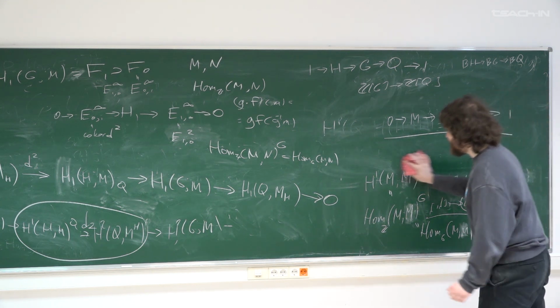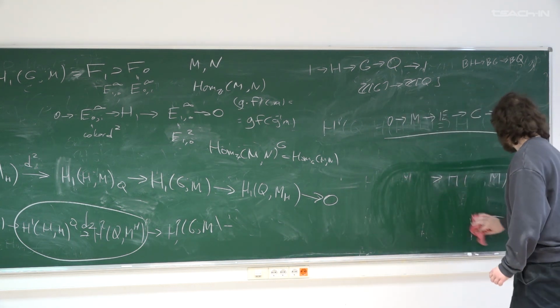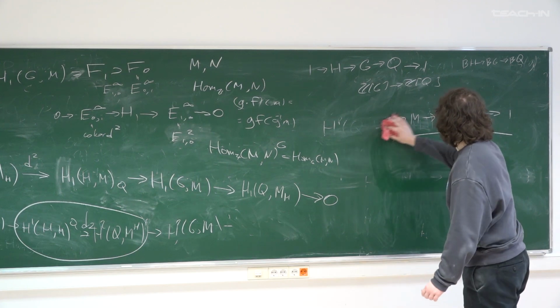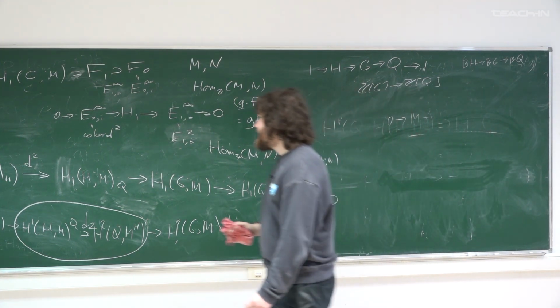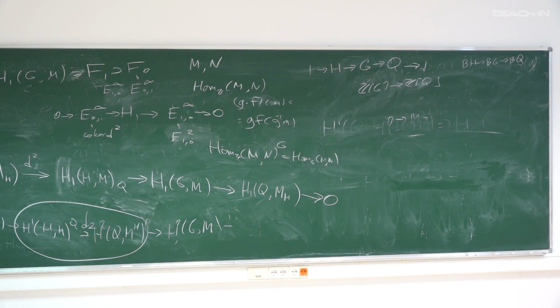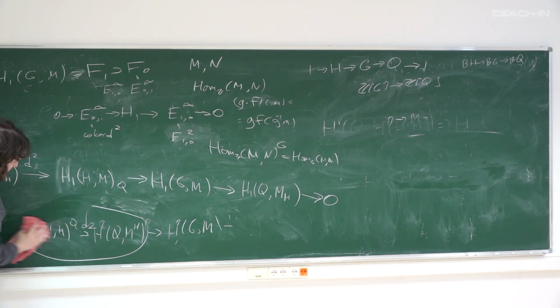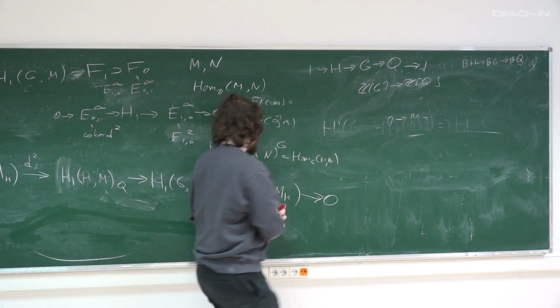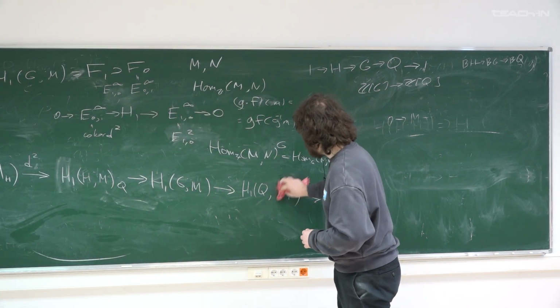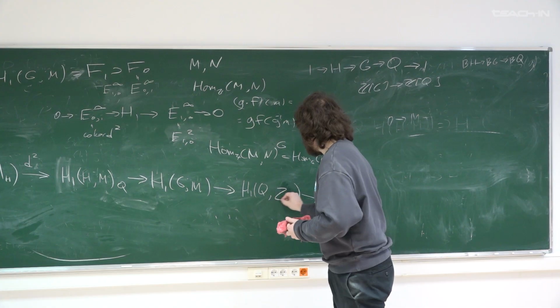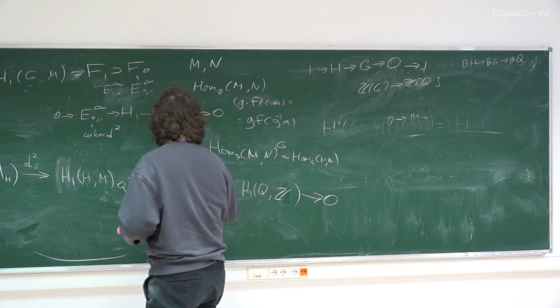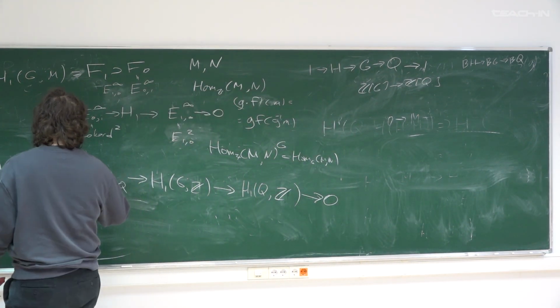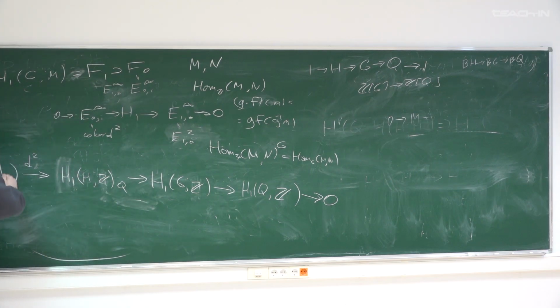Okay, now about homologies. Consider now the trivial module, M is Z. What do we obtain? This is the coinvariants of Z, which is Z. First homology, second homology.